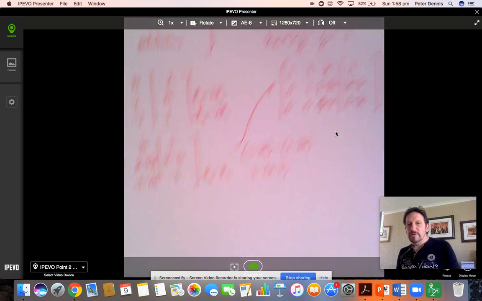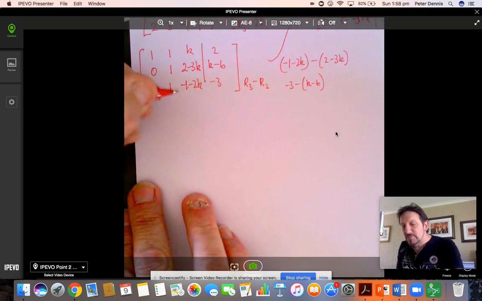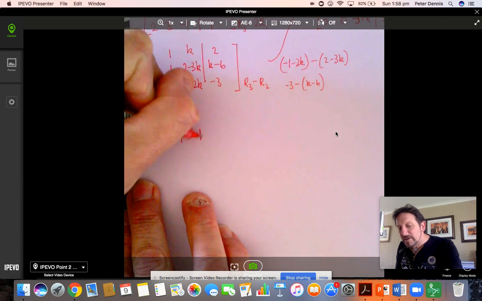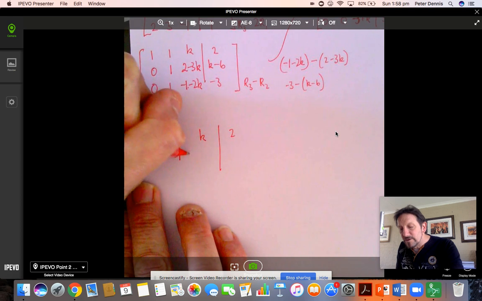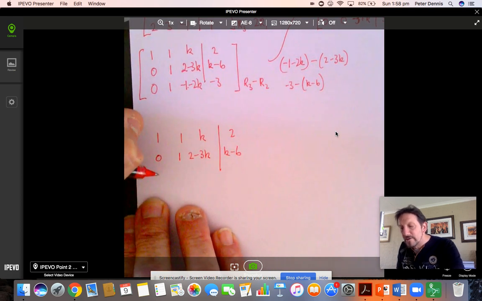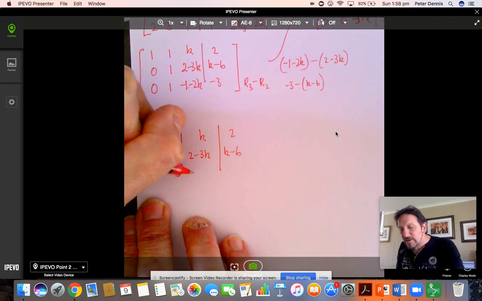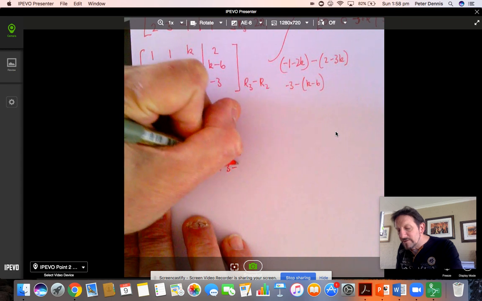So I'll rewrite it so we've got some space to look at the three different situations. So we've got 1, 1, k, 2, 0, 1, 2 minus 3k, k minus 6, 0, 0, minus 3 plus k, 3 minus k.